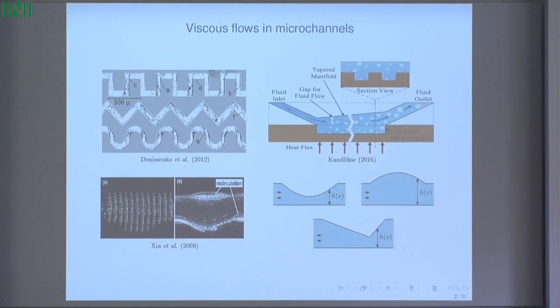We consider these flows in these small geometries. So we're interested in finding new methods to solve viscous flow problems in this kind of geometry, or having boundaries described by a polygonal shape, or also described by circular boundaries.